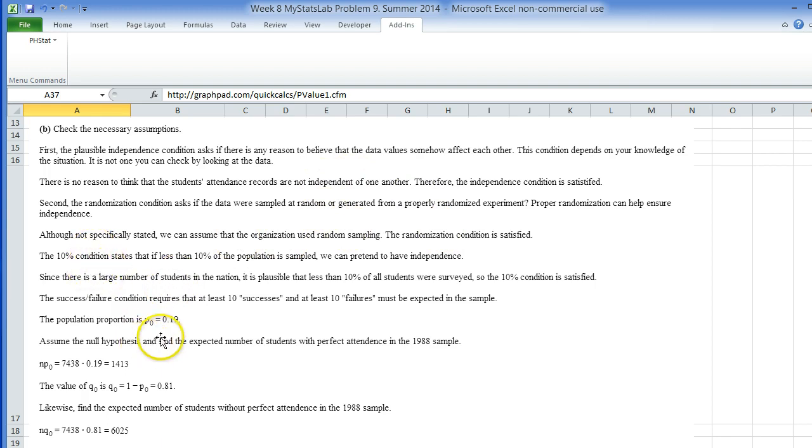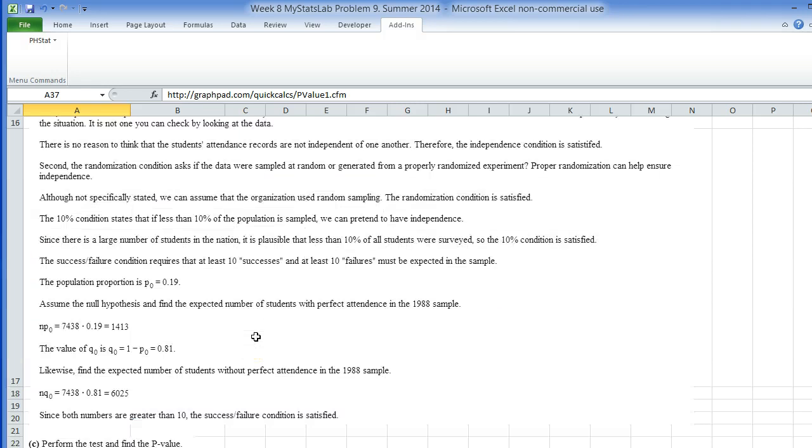The 10% condition is also satisfied because we're assuming that the number of students in the country is super large, and the sample isn't going to be anywhere near 10%, but it's going to be way less than 10%. The success failure condition requires that at least 10 successes and at least 10 failures must be expected in the sample. The proportion for the population is 0.19, so assume the null hypothesis and find the expected number of students with perfect attendance in 1988.